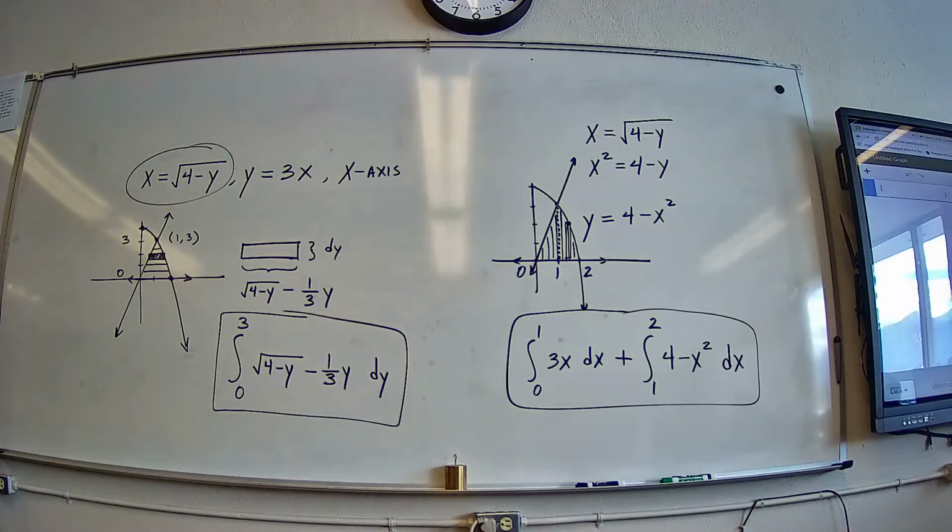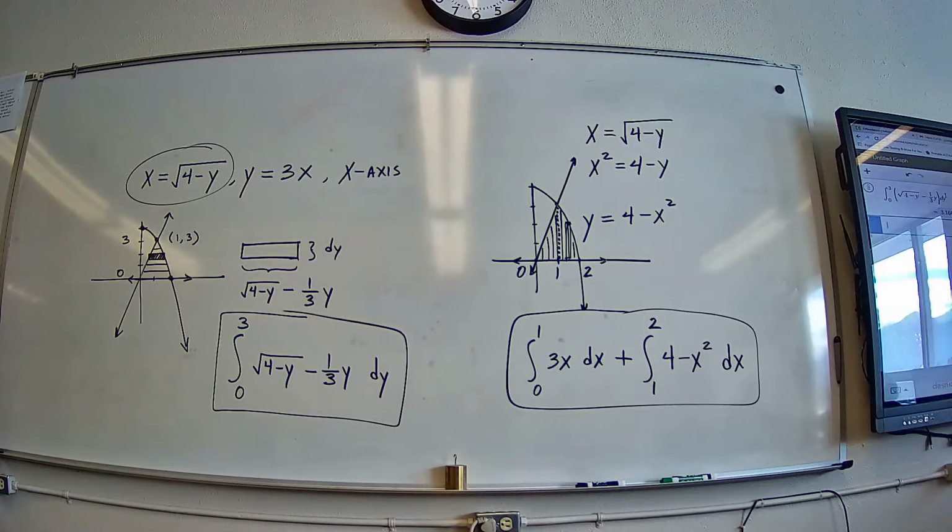Oh, Mr. Computer. Integral from 0 to 3, I think I can put y's in. Square root of 4 minus y minus 1/3 of y dy. 3 and 6 apparently.